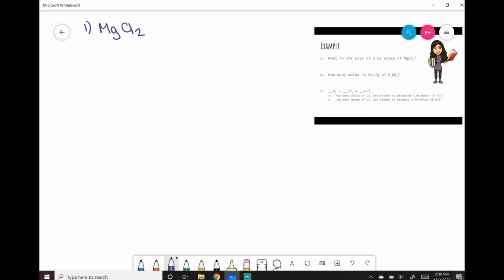So we have magnesium chloride. This is composed of 1 magnesium and 2 chlorine. If I write this out, this would be 1 times the molar mass of magnesium, which is 24.305 grams per mole. Don't forget that. And then 2 times 35.453 grams per mole of chlorine.